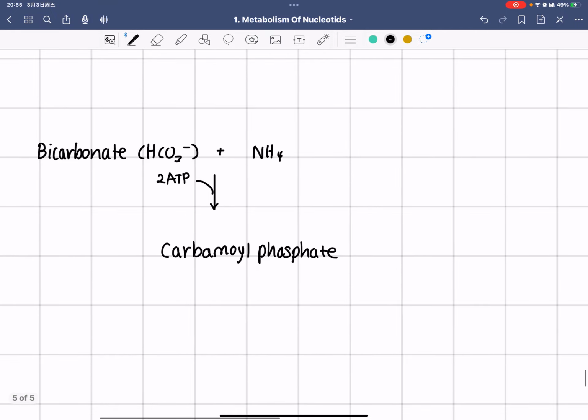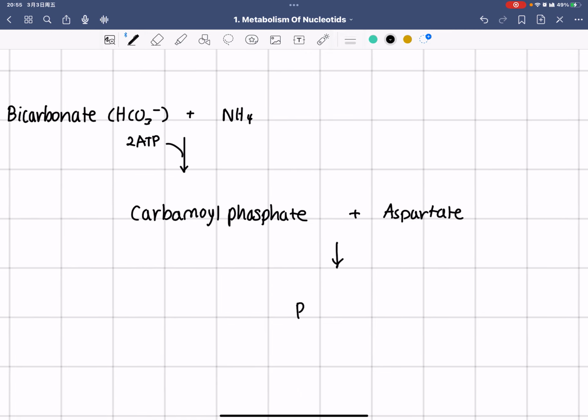And then we add in an aspartate to form a pyrimidine ring.